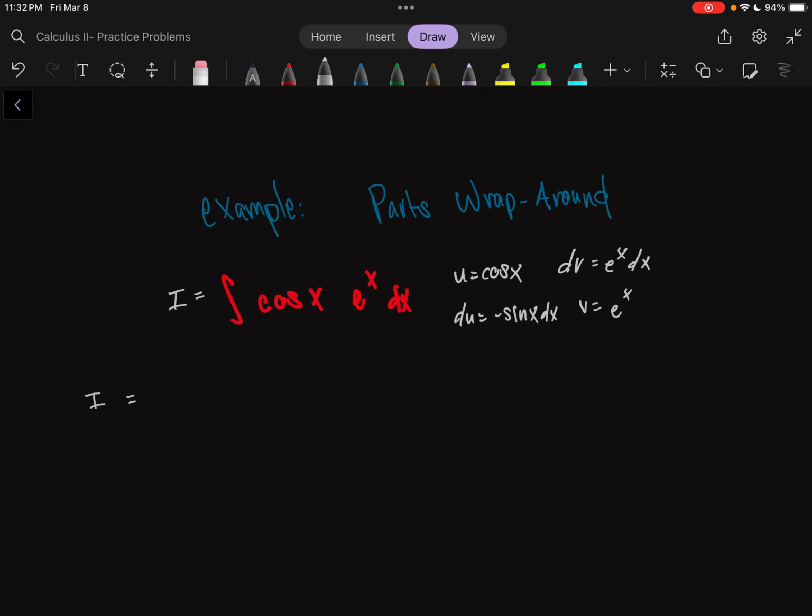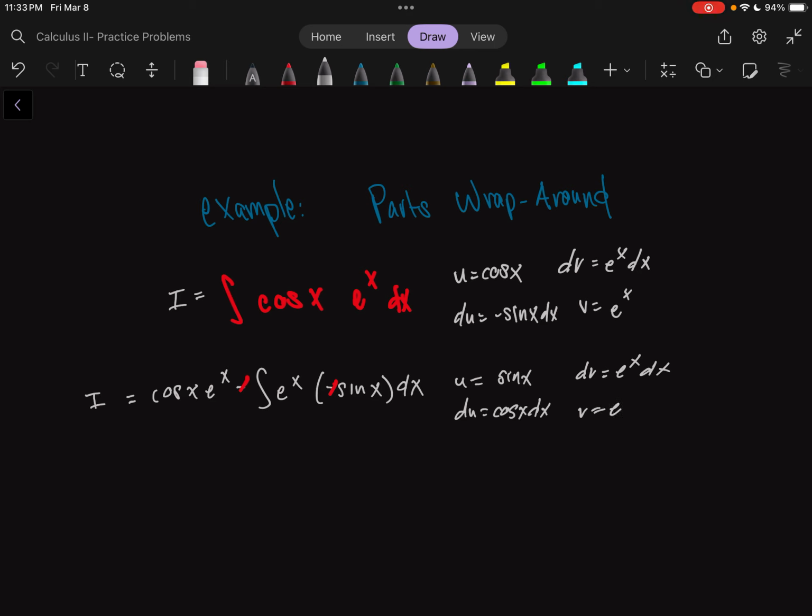Okay, so I equals uv, cosine x e to the x, minus the integral of v times du. And the negatives cancel. I like to keep track of the negatives. And with this equation, we're going to keep u as our trig term, sine x. So du is cosine x dx. And dv is once again e to the x dx.